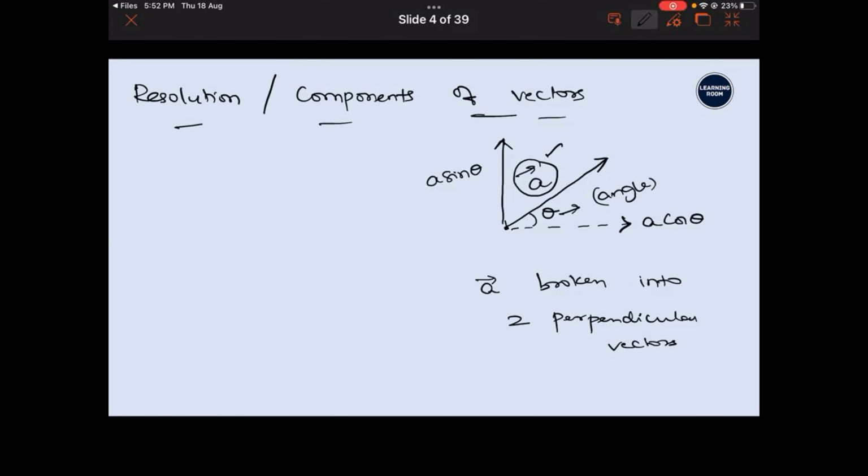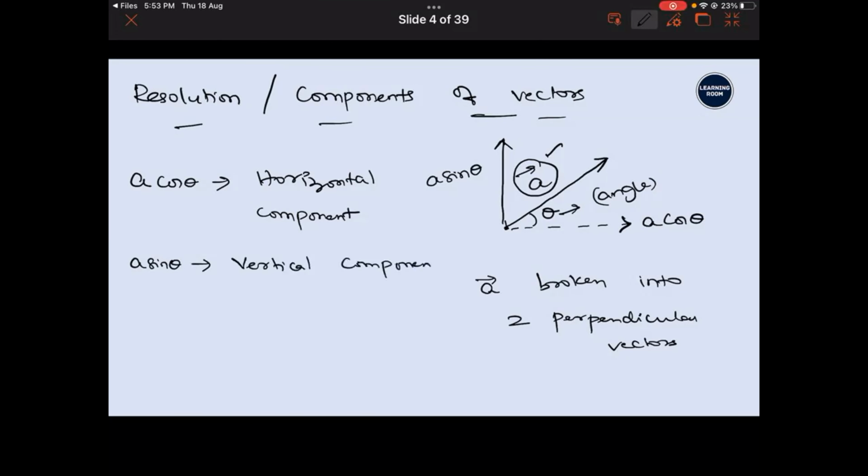Is that point clear? Then this A cos theta is called the horizontal component, and A sin theta is called the vertical component.